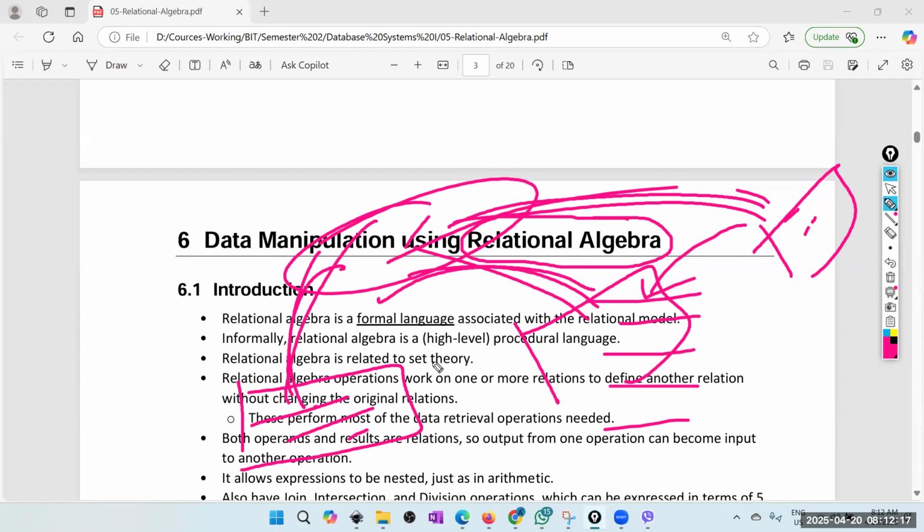So we need a systematic approach. That is what engineering is all about. Something complicated for an ordinary person is not complicated for an engineer, because an engineer is a talented person, and also knows the systematic way of doing things. And relational algebra is the systematic way of querying data from relational databases.